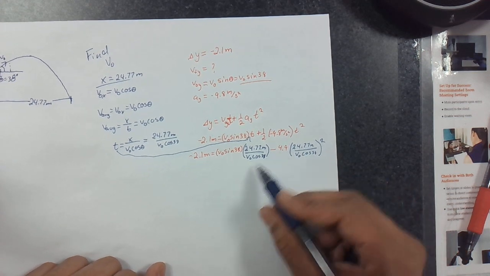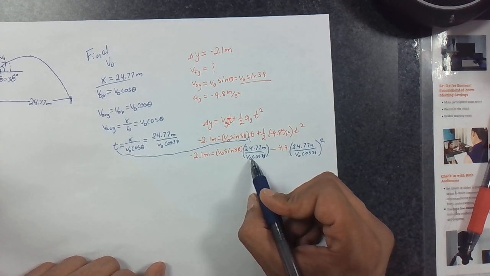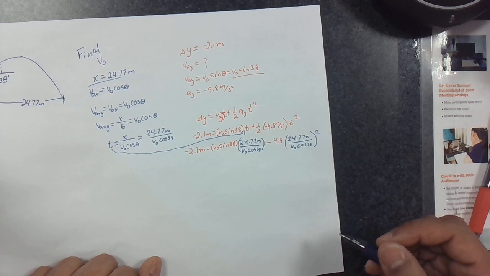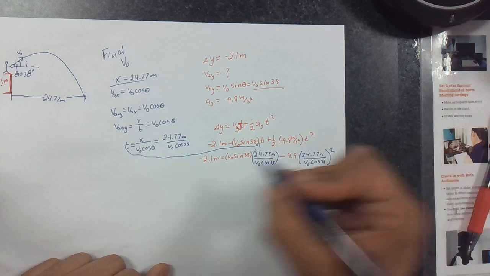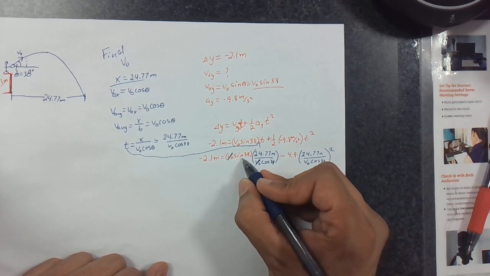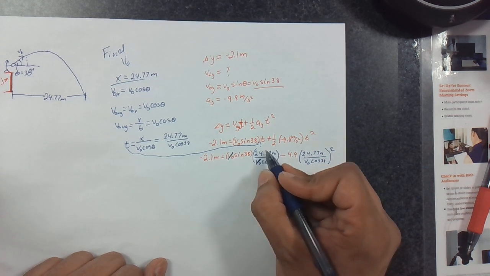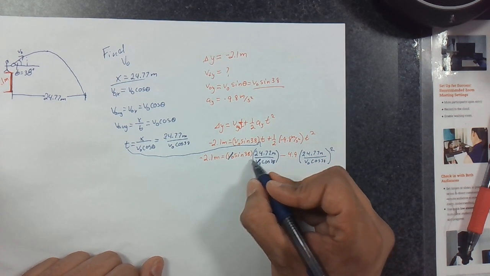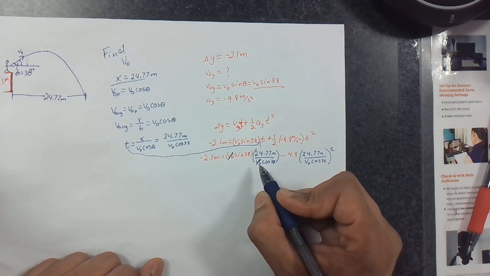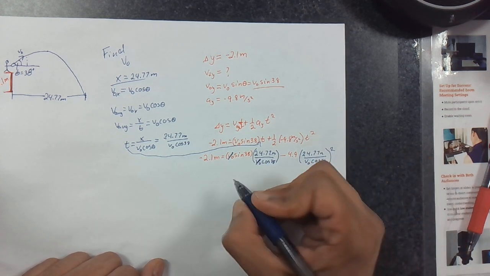So if you just run all these calculations and separate them, you end up with, oh, hold on. Remember, these cancel out. That cancels out. So this will give us 19.4. Once you run tangent 38 times 24.77, you'll get 19.4.